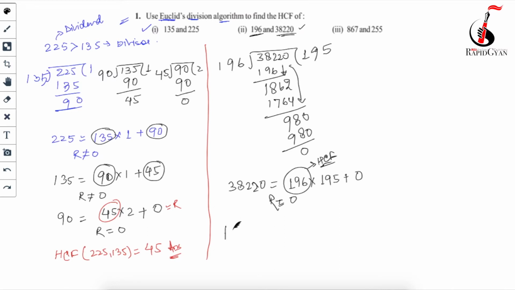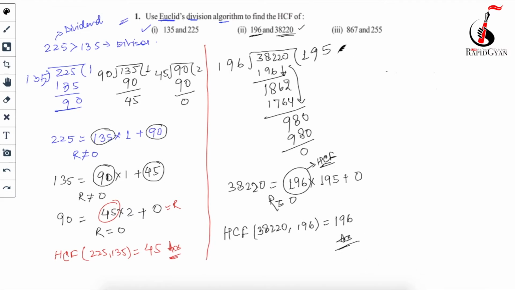So you can write over here that since remainder is 0, HCF of 38220, 196 is 196. That's my answer.